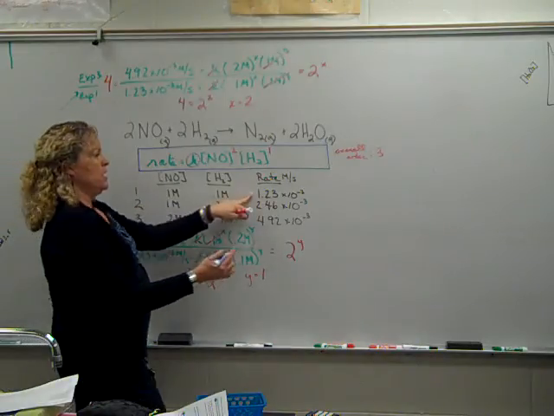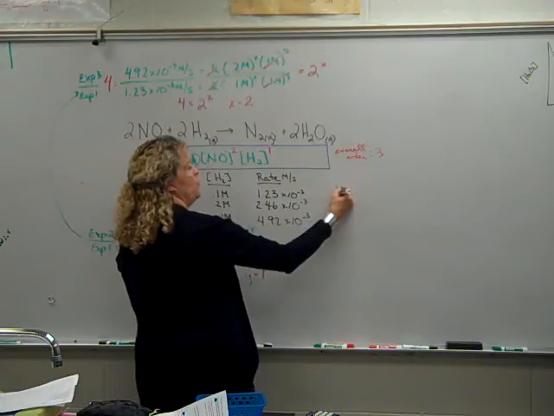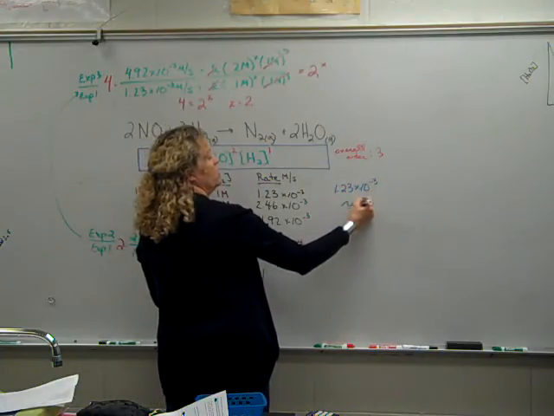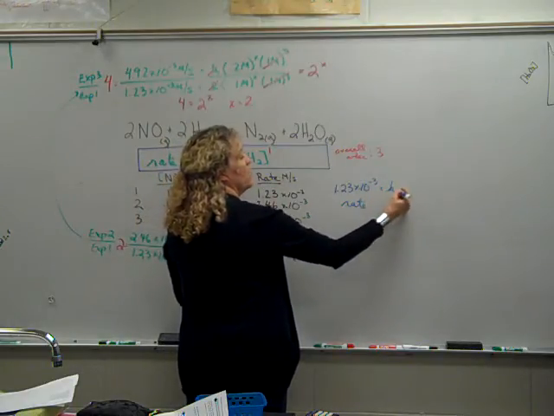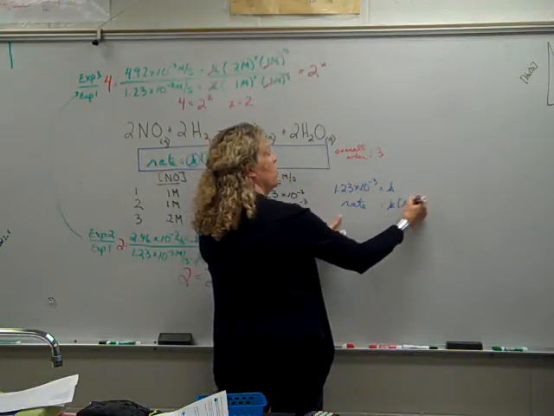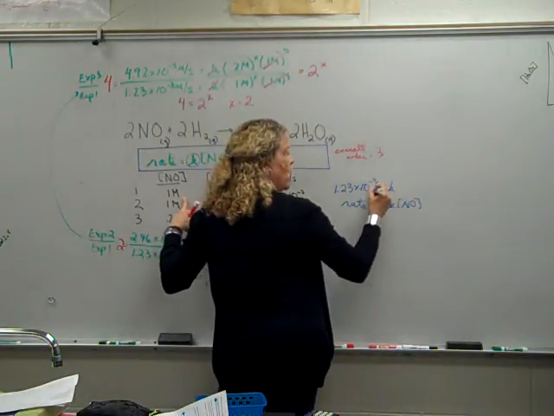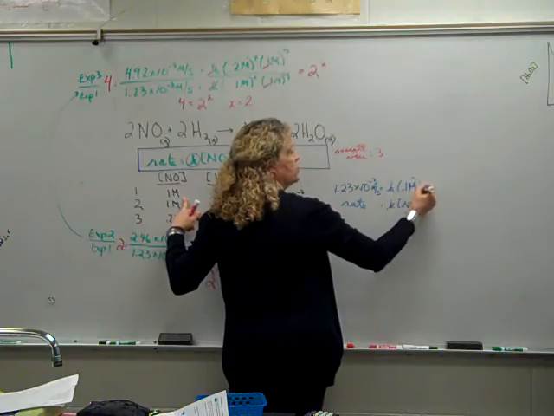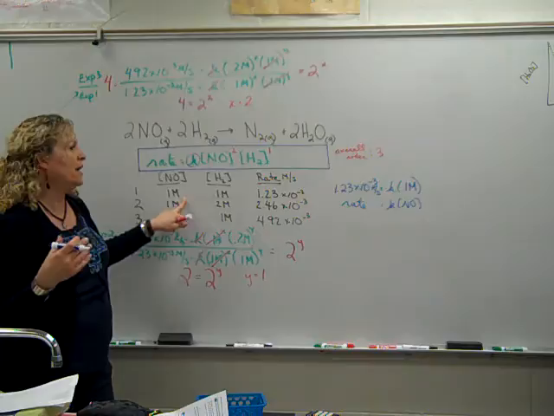Those are easy numbers. So 1.23 times 10 to the negative 3, that's my rate, equals K, that's my unknown, times my NO concentration, which for experiment 1 is 0.1. And here, I'm really going to want to make sure that I put in my units, because every K has a different kind of unit.